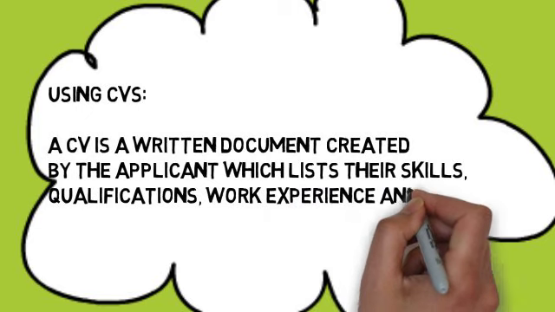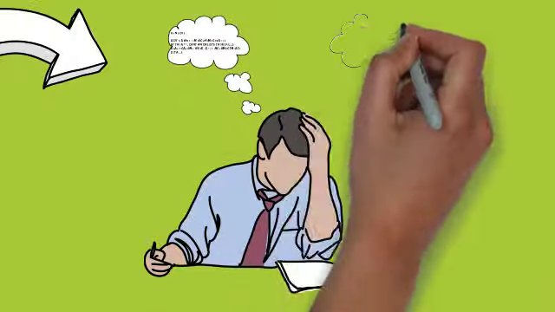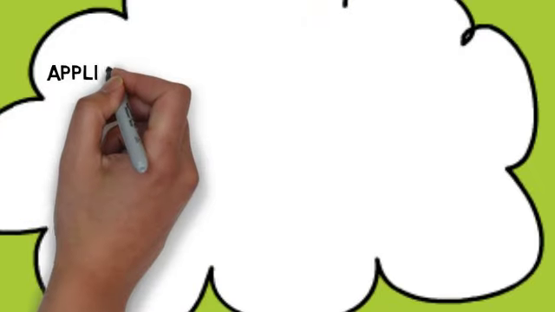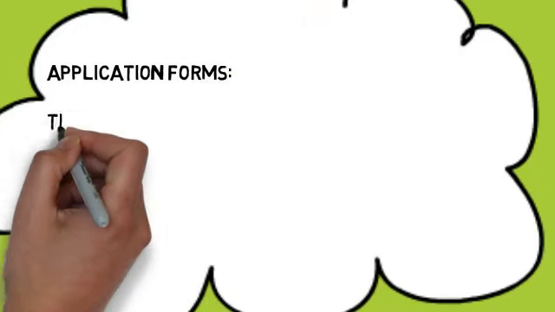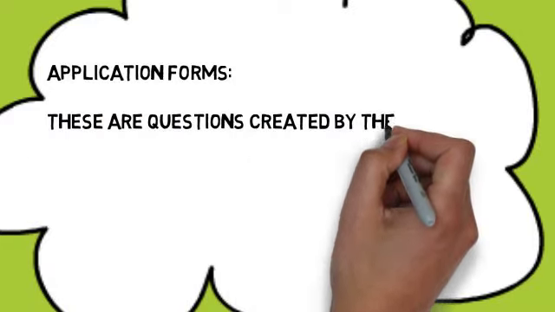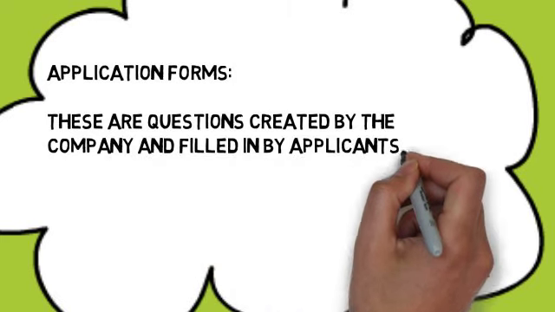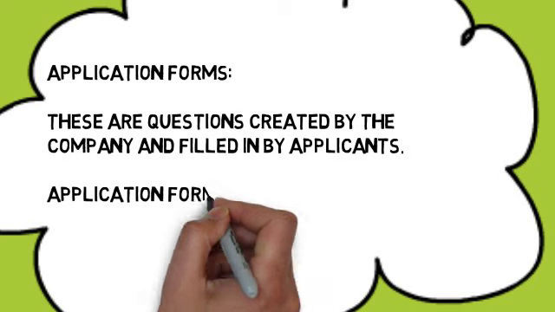Some candidates might have also filled in an application form. This could be on paper, or more commonly now it's done online through a website or submitted by email. This gives the company a chance to ask some questions that all applicants will answer, and this makes it really easy for the manager to compare each candidate.